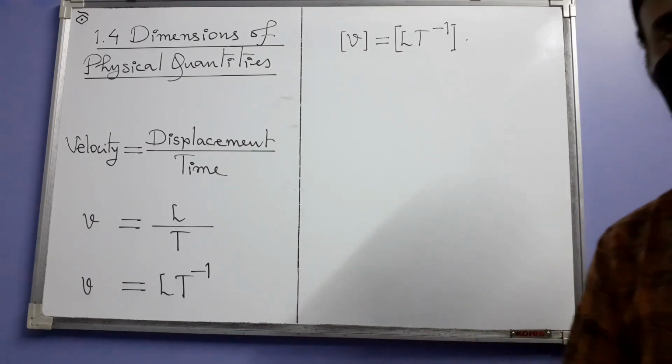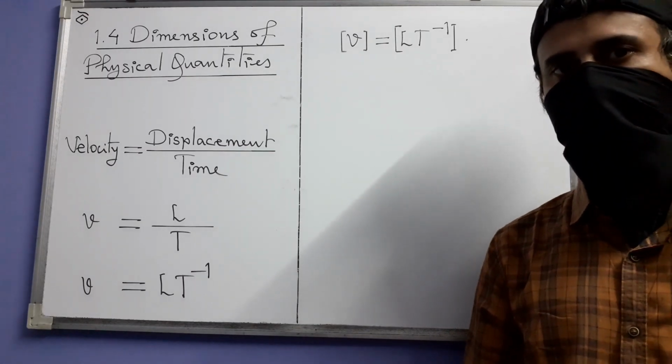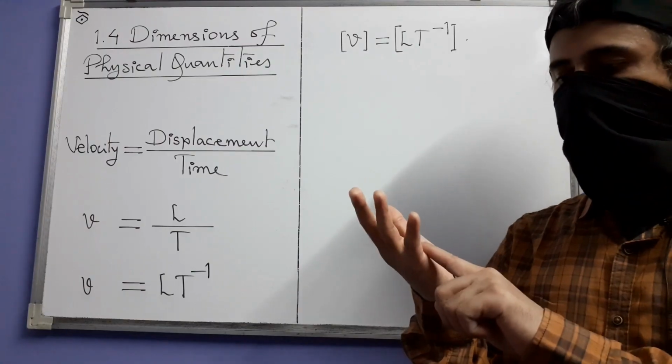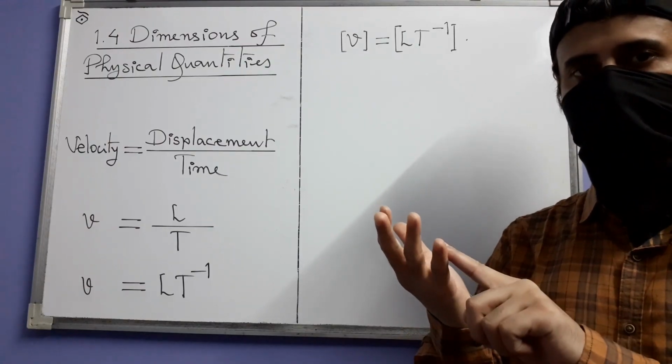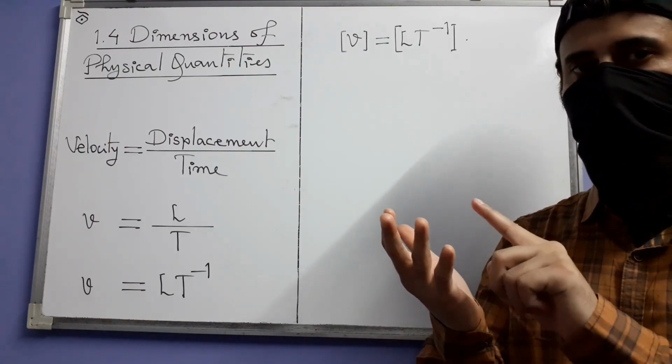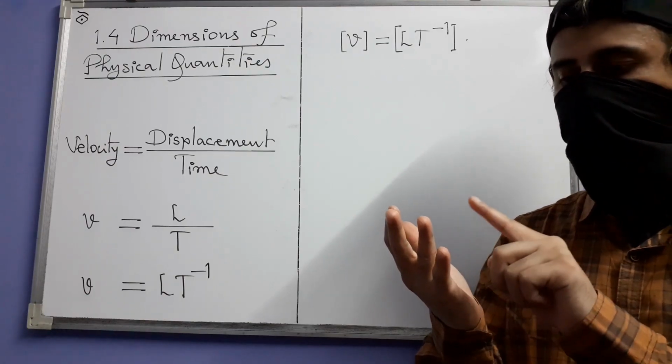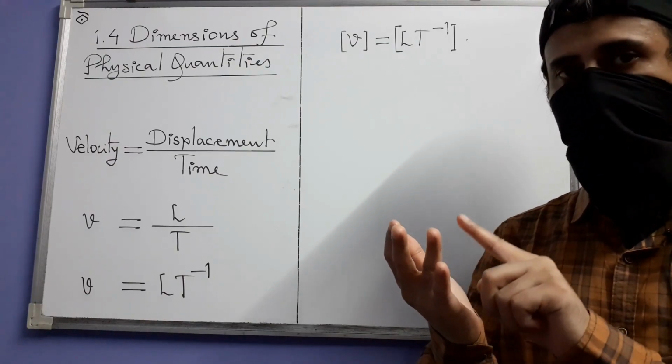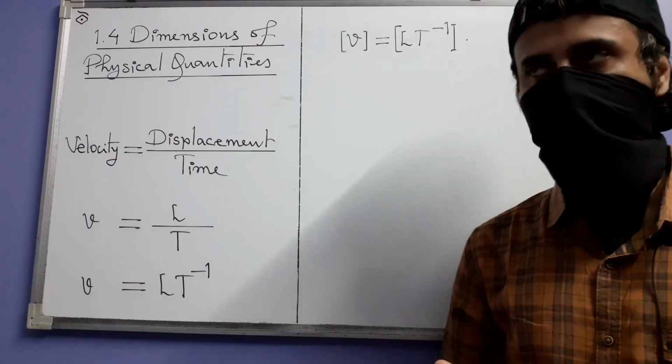How many base quantities are there? 7 base quantities are there. Length, time, mass, electric current, thermodynamic temperature, amount of substance, and luminous intensity.